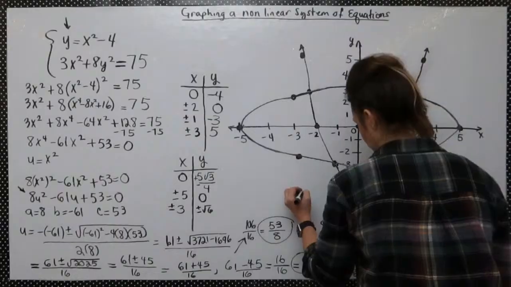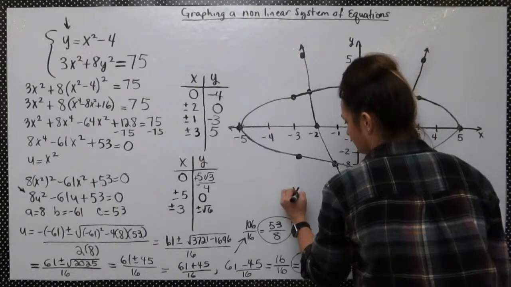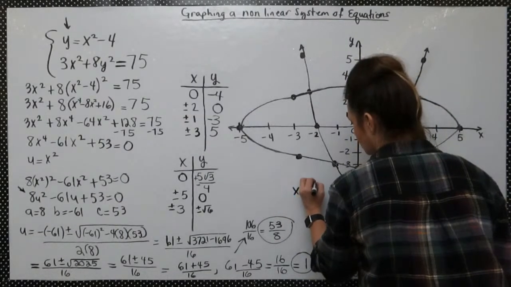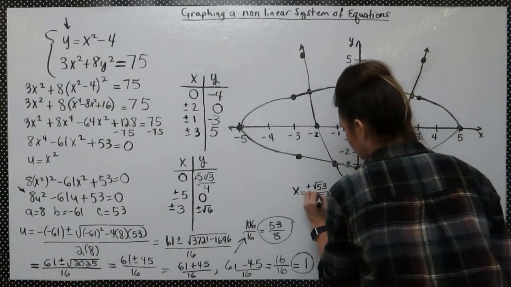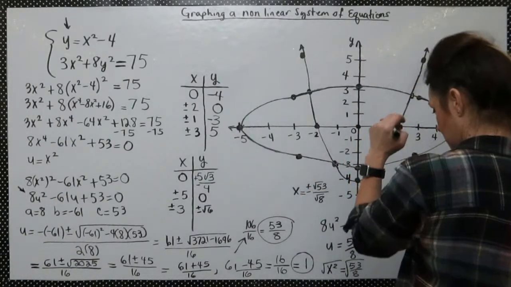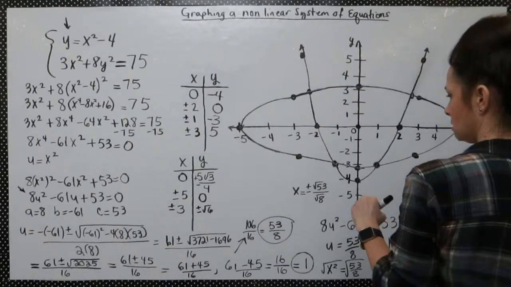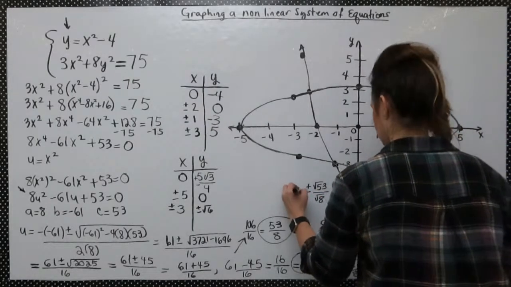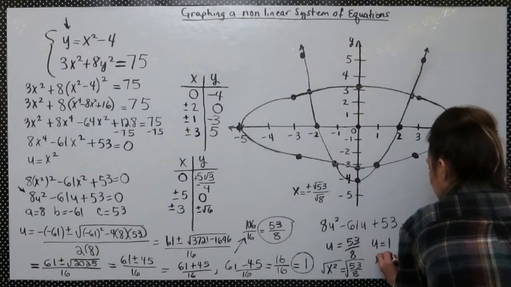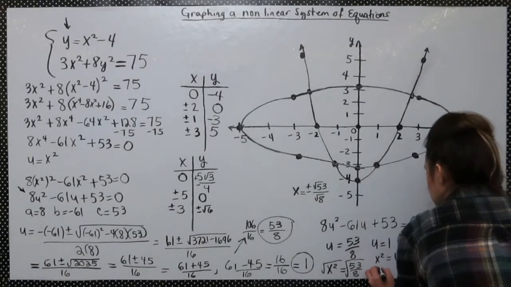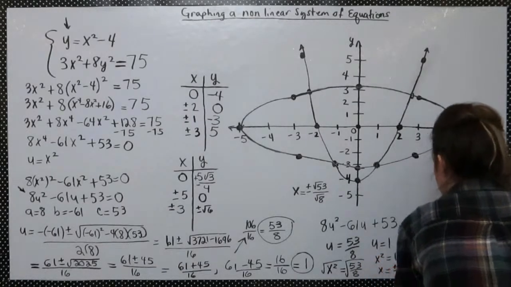So let's put it up here. x equals plus or minus radical 53 over radical 8. And then the other one, x squared equals 1. So this is x equals plus or minus 1.